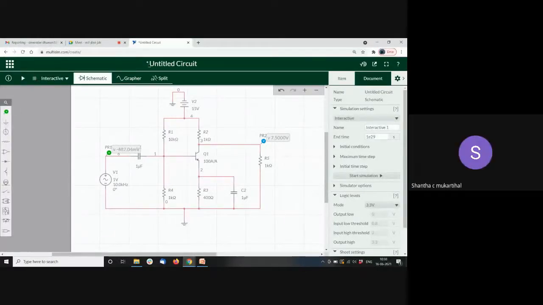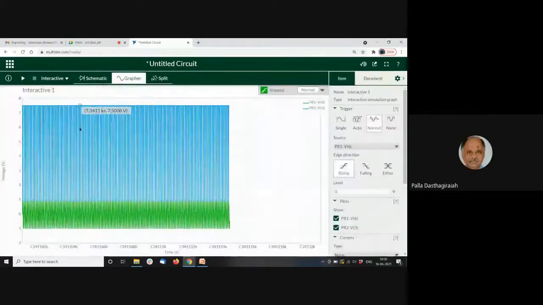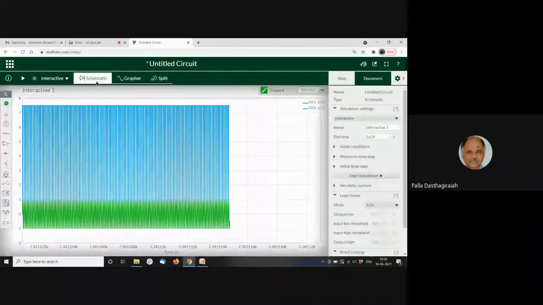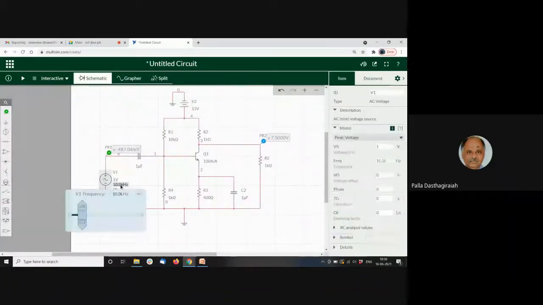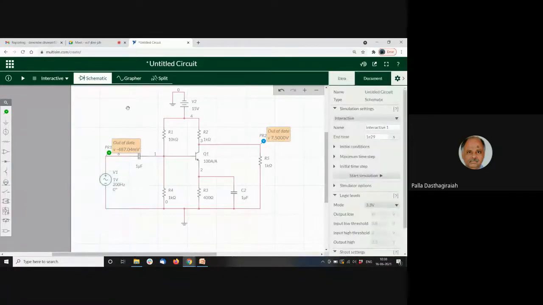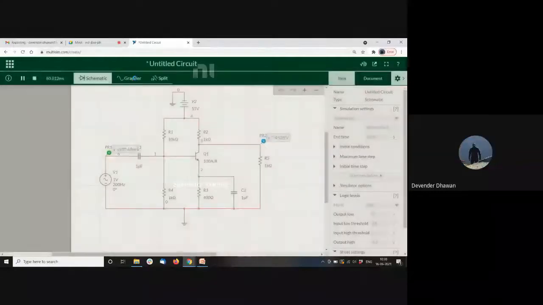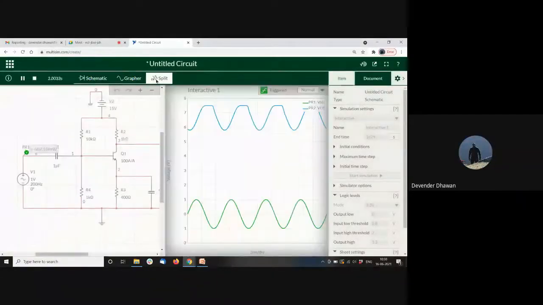Okay. So once again show us the waveform at 200 hertz, sir. 200 hertz. 1 second, ma'am.